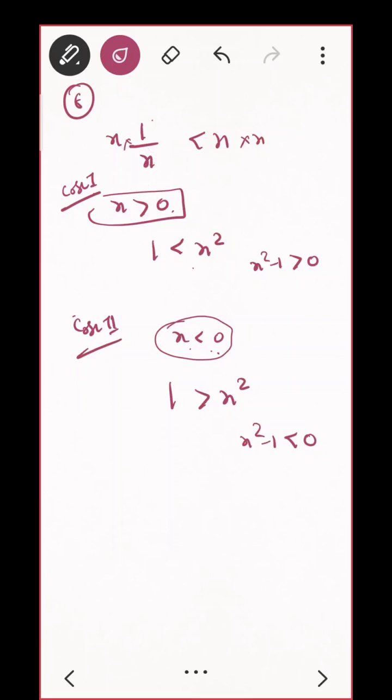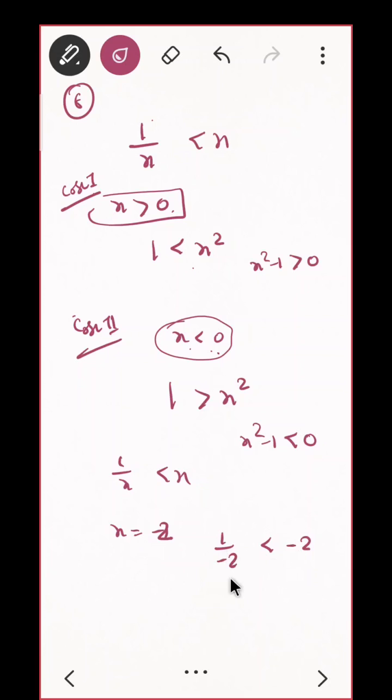Wait, I will give you one example. If you take x equal to minus 1 or minus 2, let me say. If x equal to minus 2, this equation will be 1 upon minus 2 is less than minus 2. Do you agree?